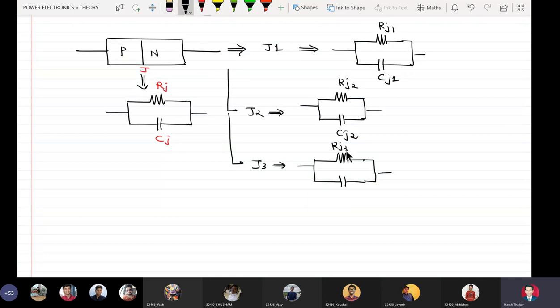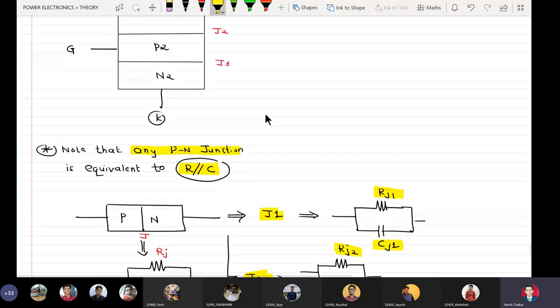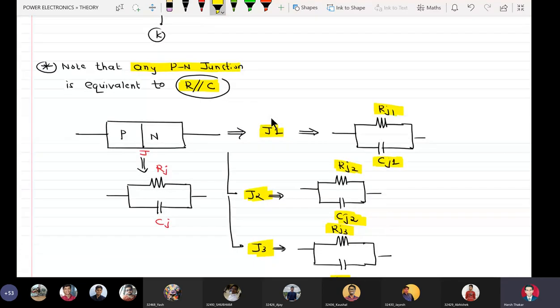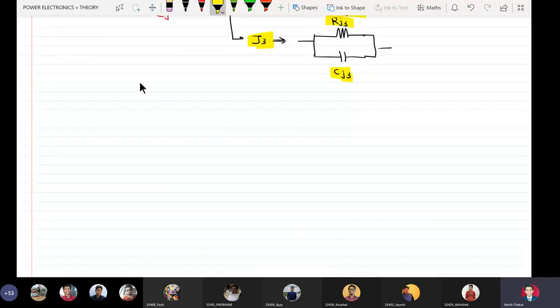This is the first concept. Second concept is that when a PN junction is forward and reverse biased, then this circuit equals what? This is the second concept.